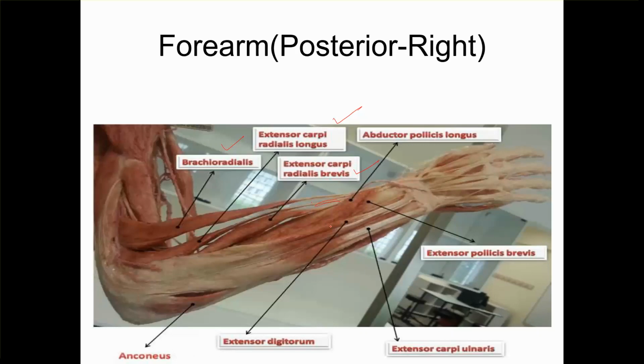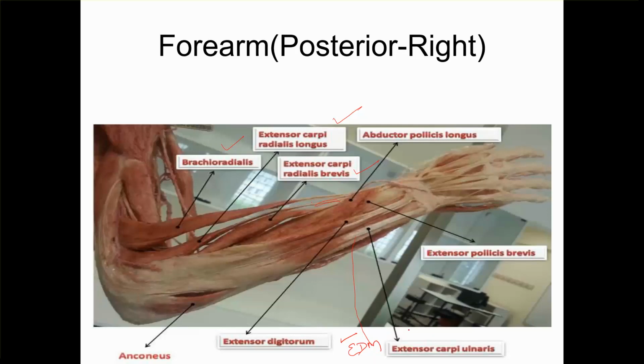Then, let's go for the superficial compartment. So extensor digitorum next. Then if you see a separate muscle here, that will be extensor digiti minimi.